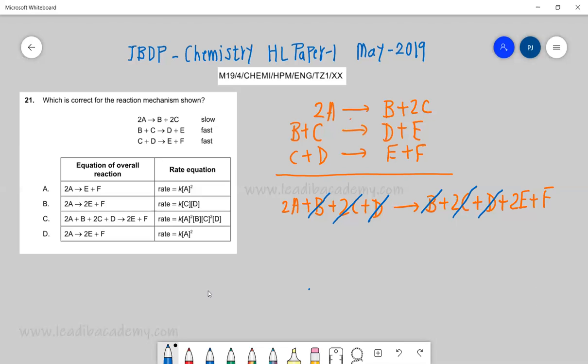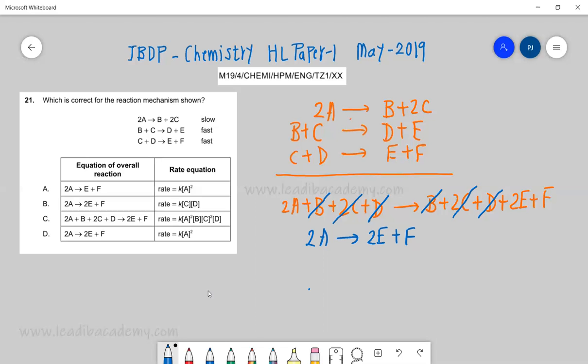So what is left is simple: 2A giving 2E plus F. Very simple. So how many choices are we getting? Let's understand. 2A giving 2E plus F.